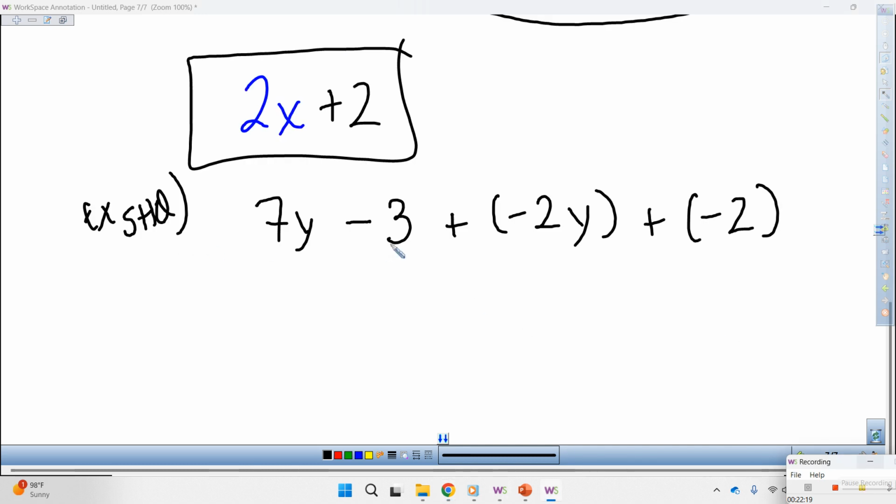Shazam Q, 7y minus 3 plus negative 2y plus negative 2. Yeah, I just sent it in.